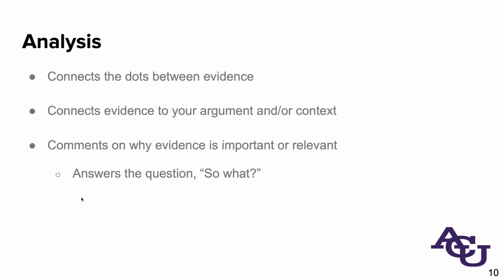All right, so as you've seen here, the analysis is about connecting the dots between evidence, showing things that are important to understanding or shaping that argument and or the context, and tells us why something is or isn't important or relevant.